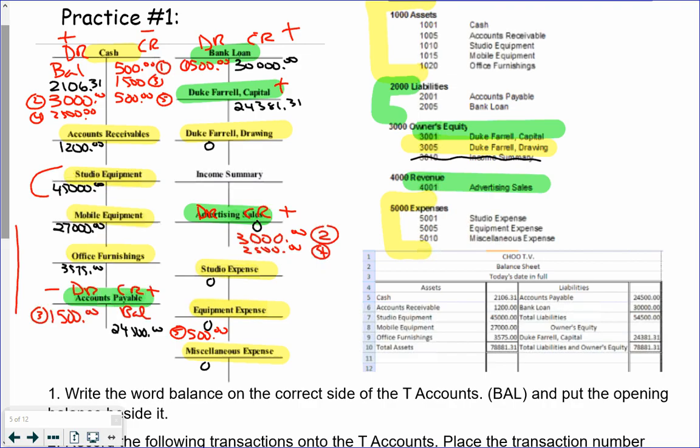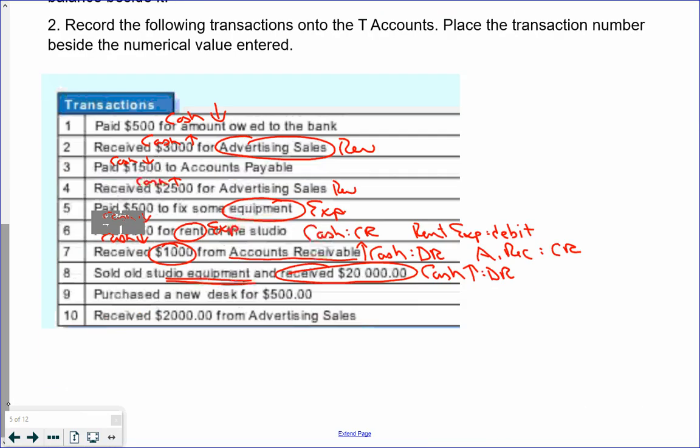So now you've decreased the value of that asset. So you're going to put the 20,000 on this side. You are going to credit studio equipment. Because it has to go down, right? You don't have as much of an asset anymore because you sold a bunch of stuff. Now maybe you sold it so you can buy new, but right now your assets have been decreased.